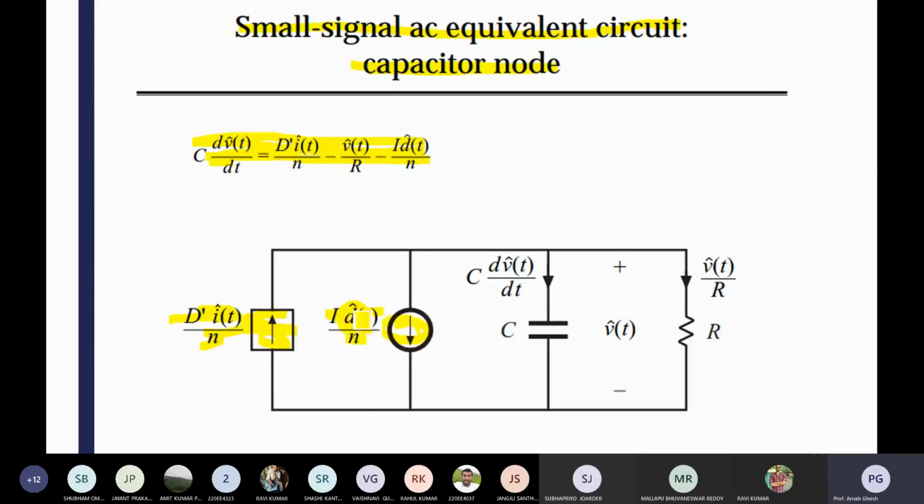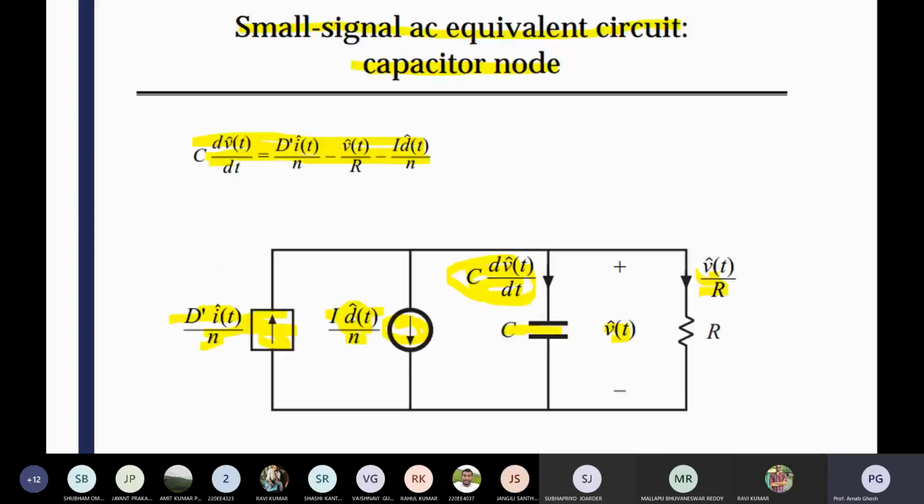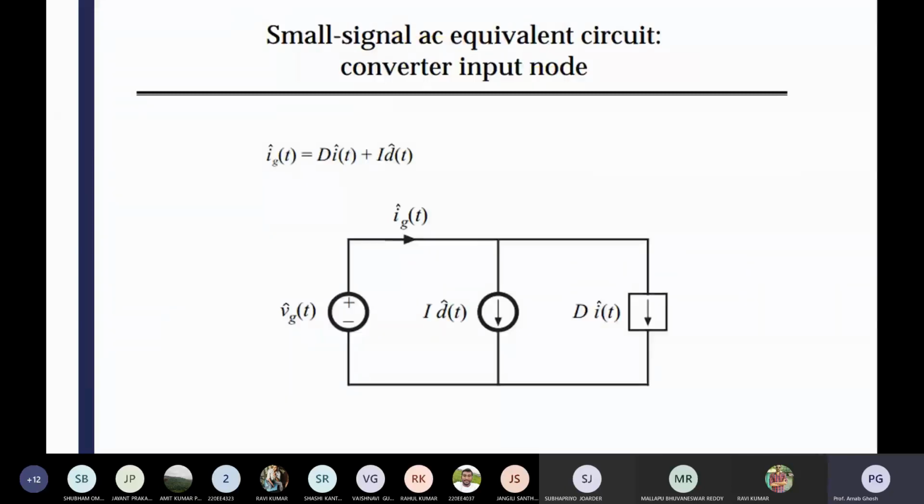Then it is your capacitor current, or you can say IC. The capacitor voltage is your state variable, V cap t, and the rest of the things. So this circuit comes from the capacitor current equation, which is why you are using KCL. Then the small signal equivalent circuit for the input current.